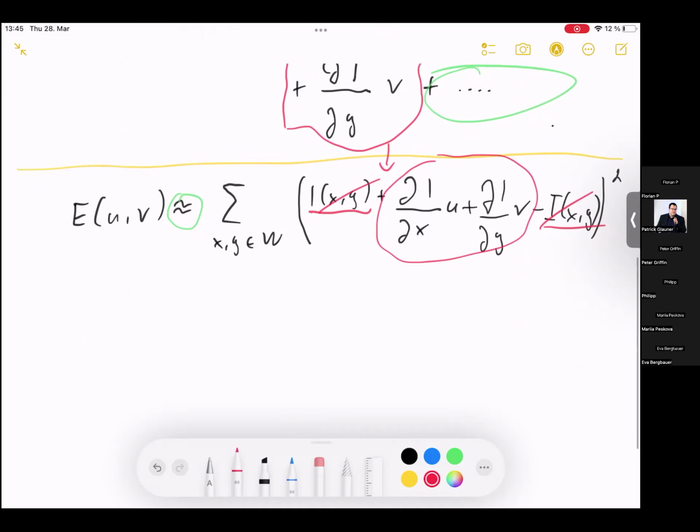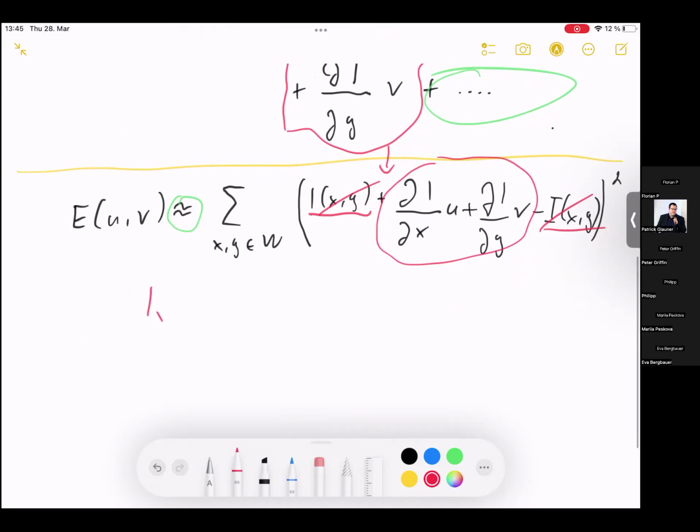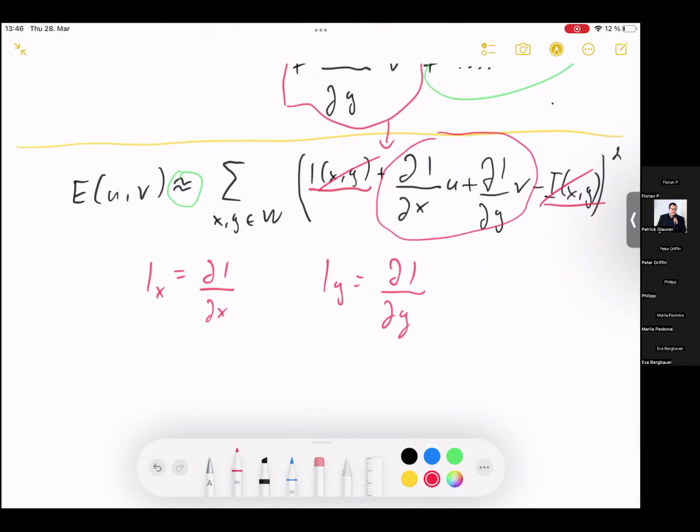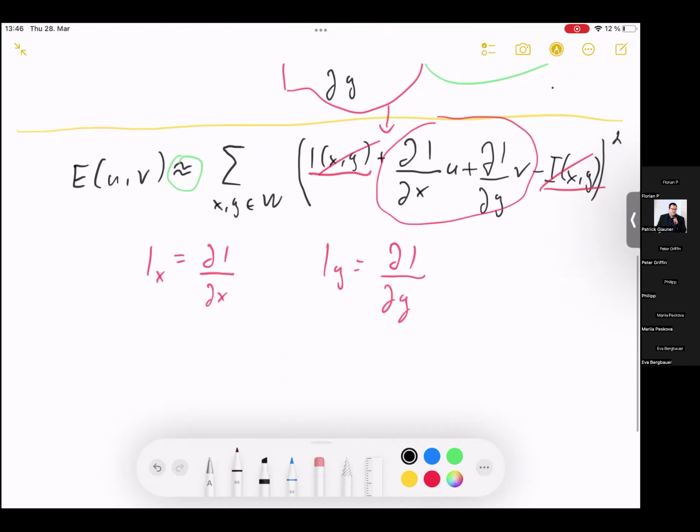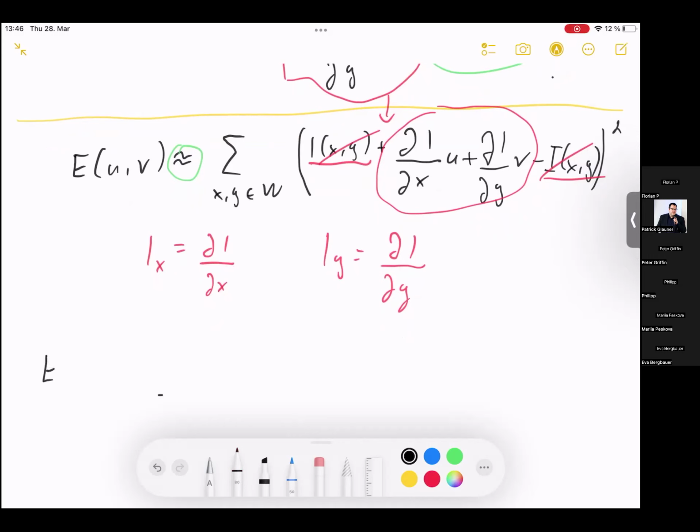Concretely, I'm defining a variable Ix, and Ix is this partial derivative of the intensity along x, and Iy is the partial derivative of I along y. And then I can just write in a simplified way my error.